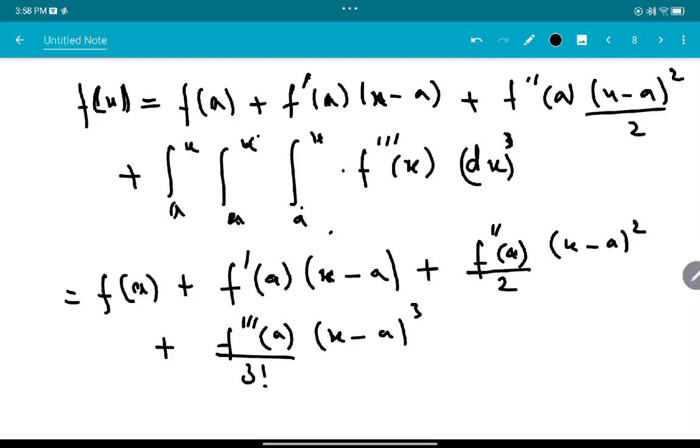You can check it by using the fundamental theorem of calculus once more for this f triple dash x.